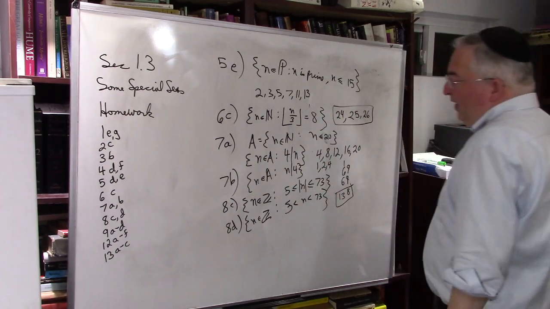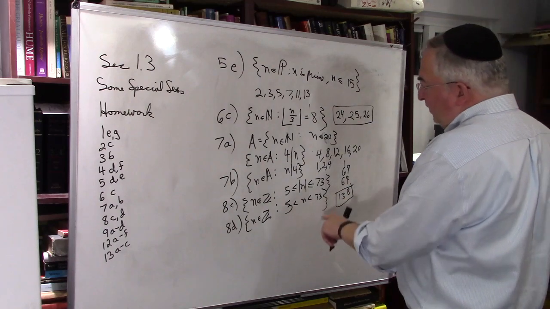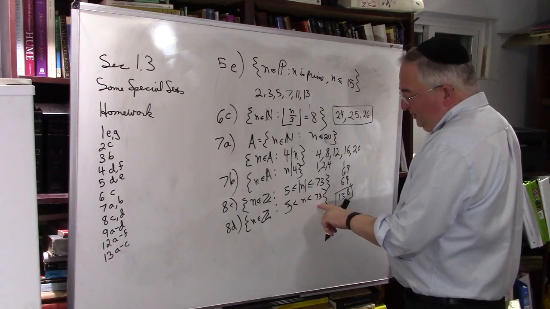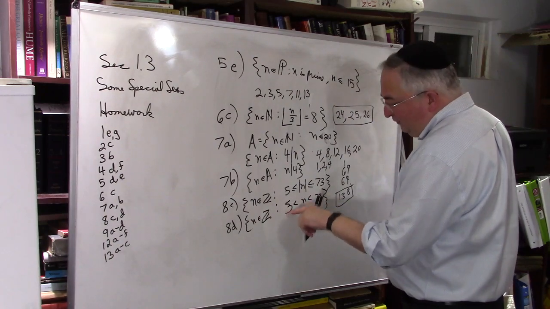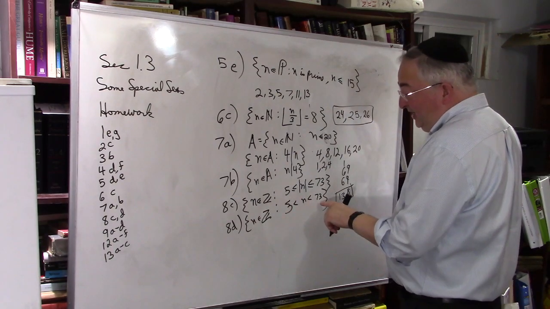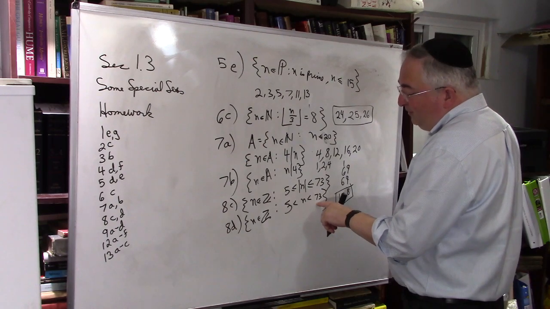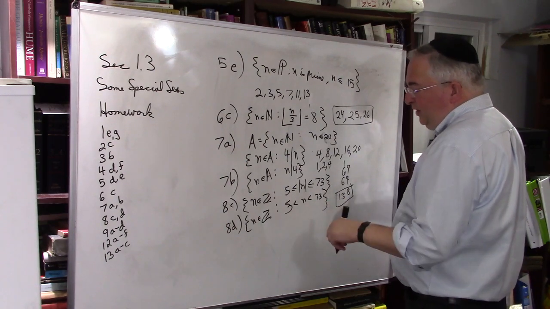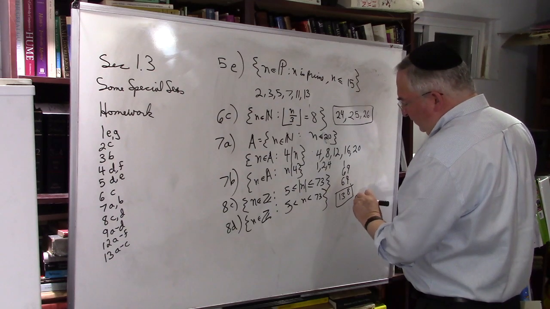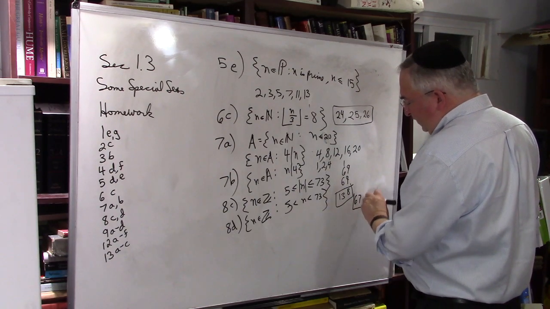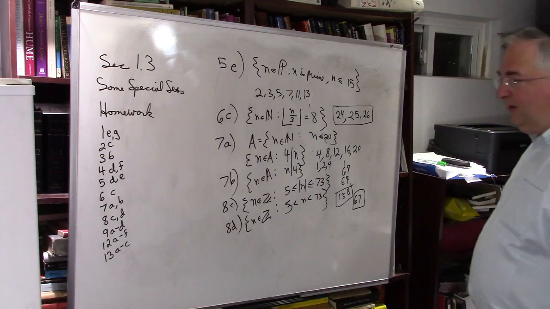So how many numbers from 5 to 73? That's one less, because we're not including 5, so it's 73 minus 5, that's 68. But you also don't have 73, so you have one less than that, so that's 67. So there are 67 elements there.